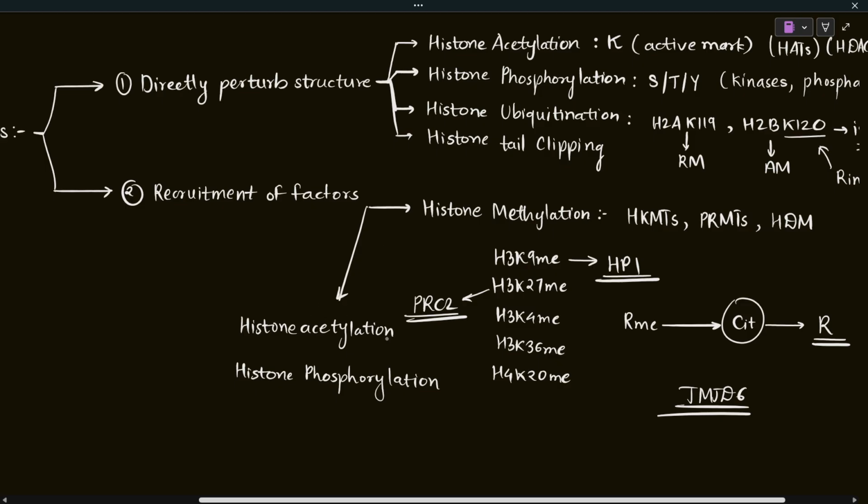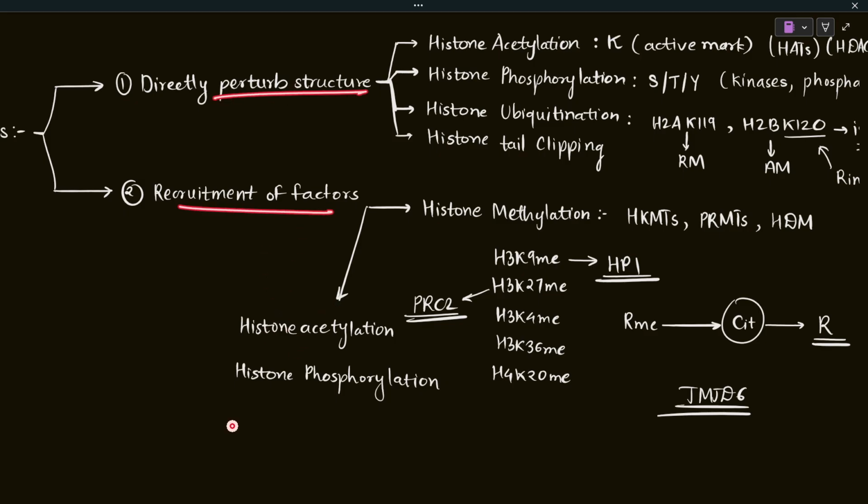For example, histone acetylation can directly perturb the structure, or it can also recruit certain factors. This is the same in the phosphorylation case. It can directly perturb the structure, or it can also recruit certain factors which are going to change the chromatin. So how will histone acetylation and histone phosphorylation change the chromatin environment? This is all context dependent.